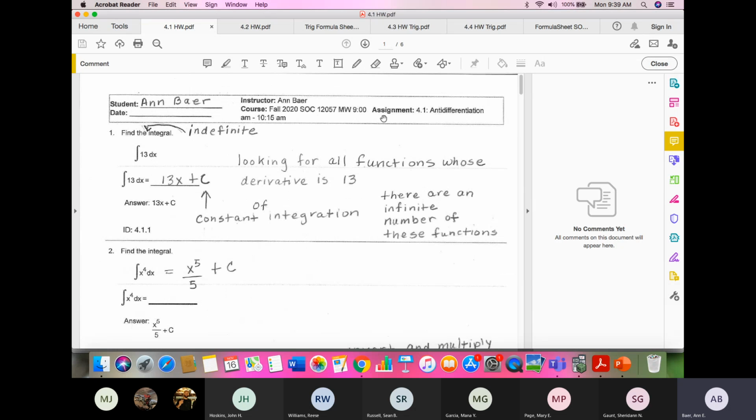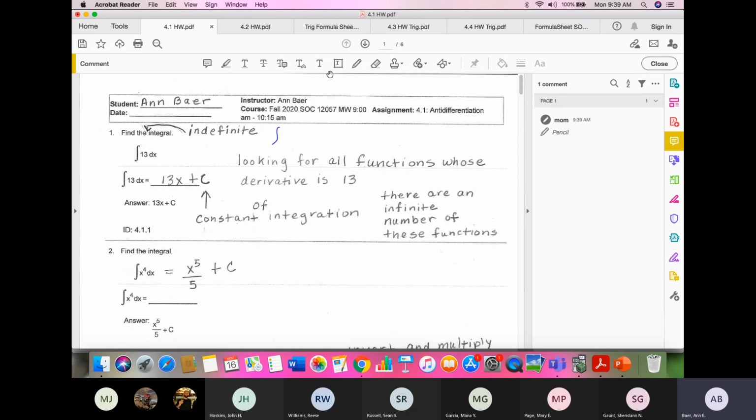I would do what the PowerPoint suggested to do. There's an understood multiplication symbol between 13 and dx. I would bring that number, that multiplier, out front.